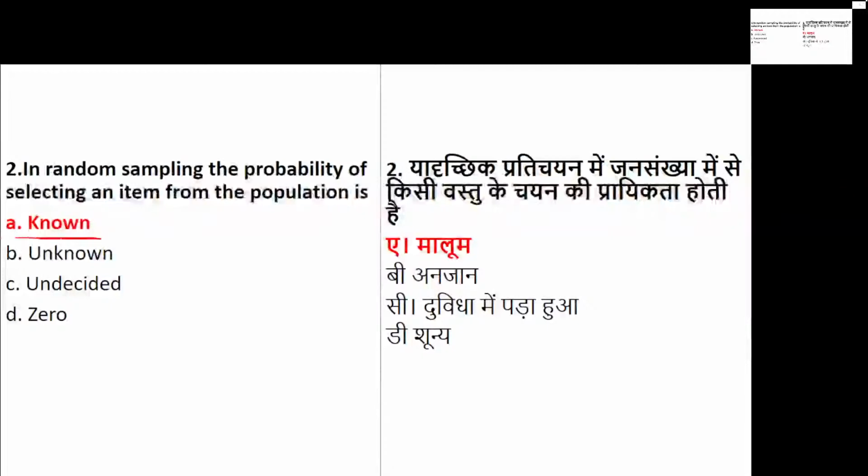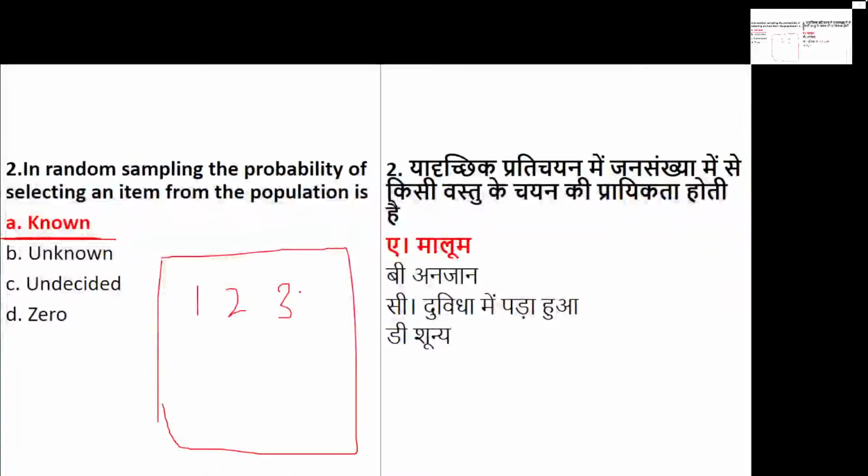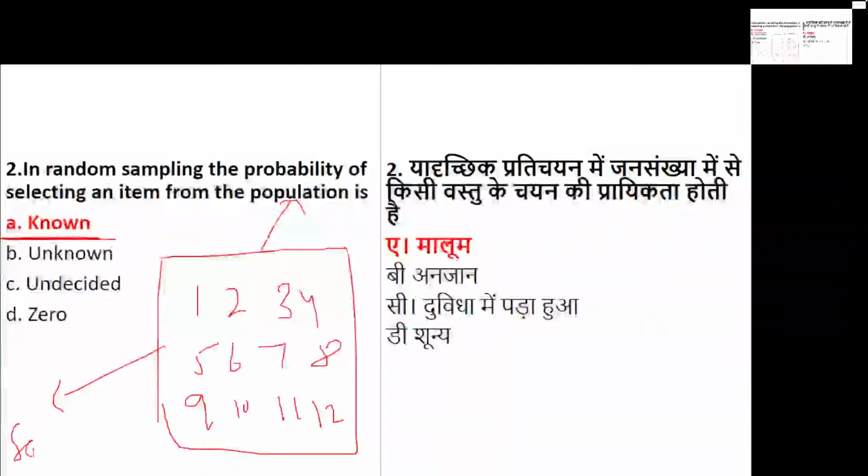Yesterday also I explained this question very well. Let me give you an example. There are these numbers: 5, 6, 7, 8, 9, 10, 11, 12. The entire box represents the population. All these numbers represent samples. Now what type of sampling am I doing?